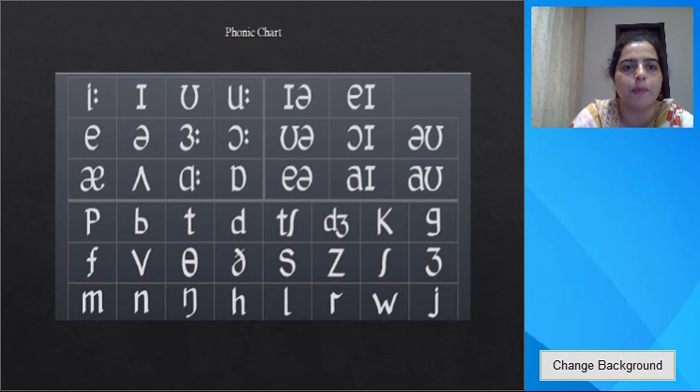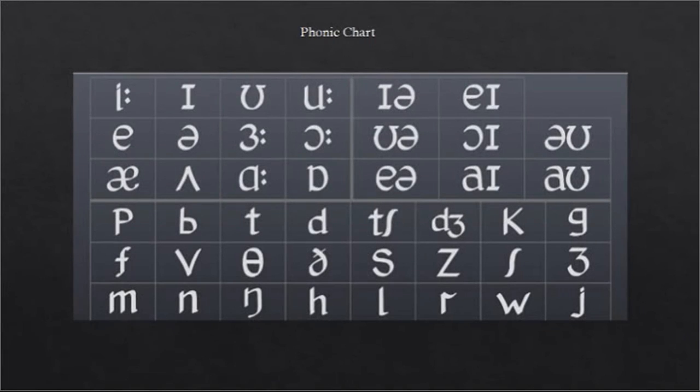Let me explain it. Listen carefully how these phonic symbols are pronounced in a word. Listen carefully. I, sit. O, good.